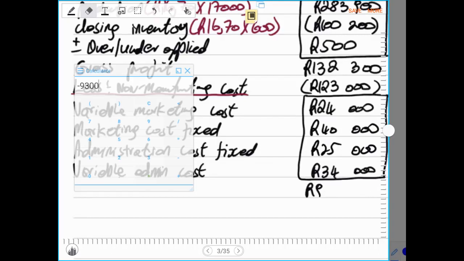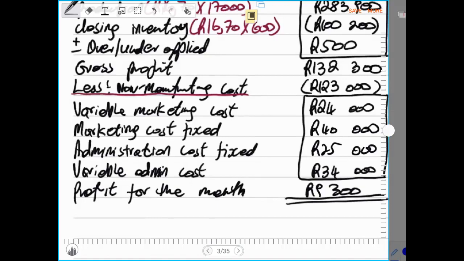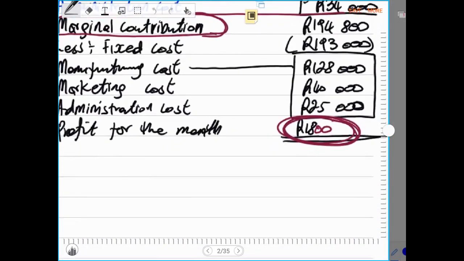Then 9.3 is the profit for the absorption income statement, the profit for the month. And this profit is surely higher than that of the direct method. Profit of 9.3 is surely higher than the direct method of 1.8.